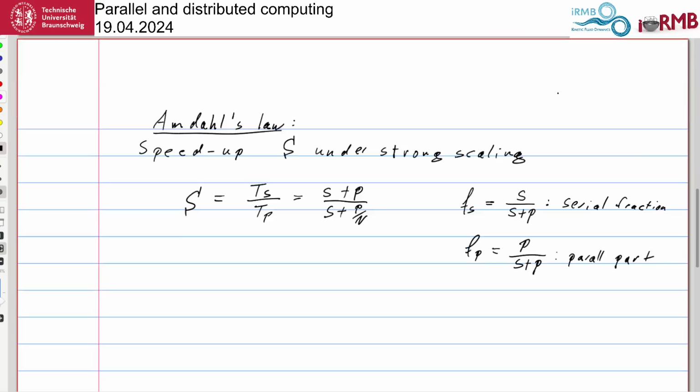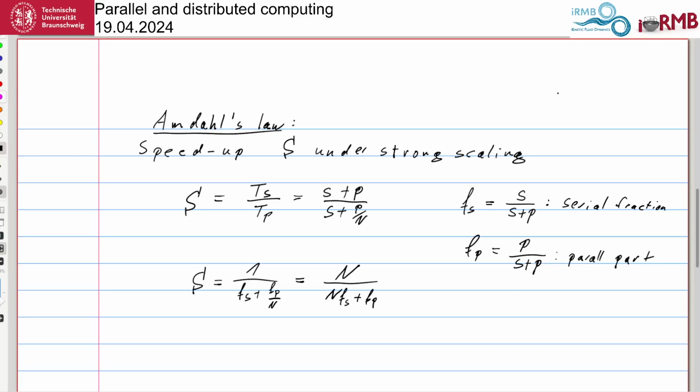Now you can put these definitions in the speedup definition, and you end up with 1 over (fs plus fp divided by n), which is rewritten as n divided by (n fs plus fp). What we are looking for now is what speedup we can maximally obtain if we take infinitely many compute nodes and still completely ignore communication between them.